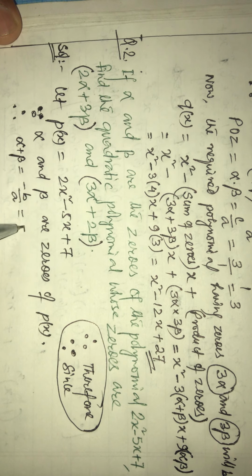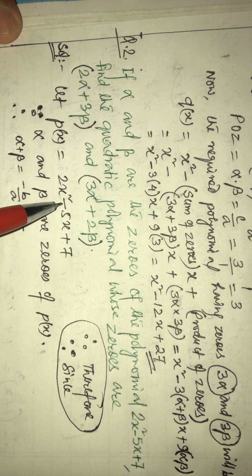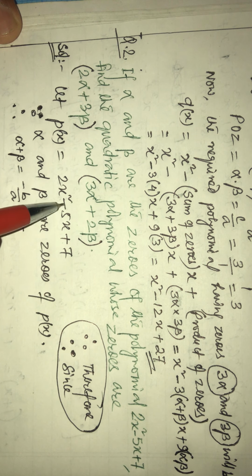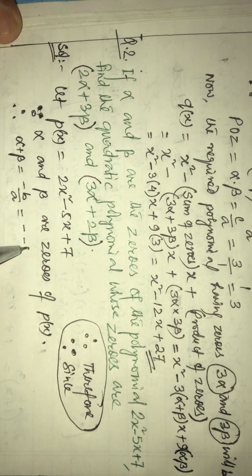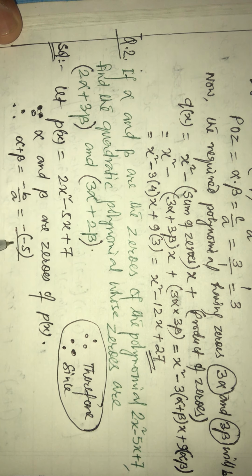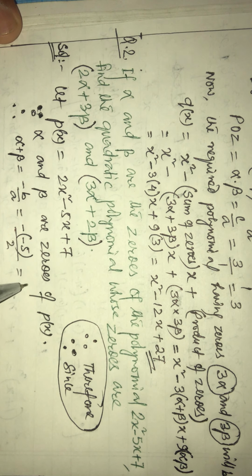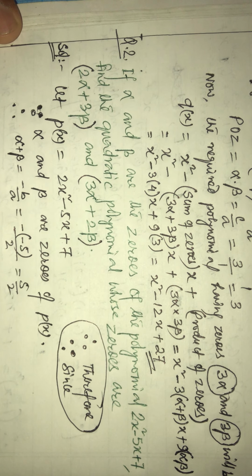This minus will come as it is. b is minus 5, so please take care of this sign. The sign is very important here. Many a time we ignore this minus, but this minus is required. b is negative here, minus 5, so minus 5 by a, which is 2. In the earlier question a was 1, here it is 2, so minus into minus is plus, it's 5 by 2.